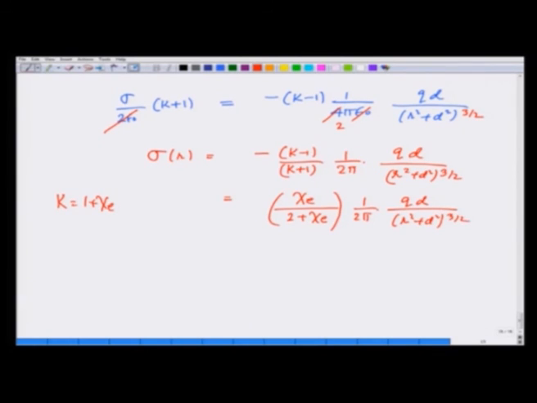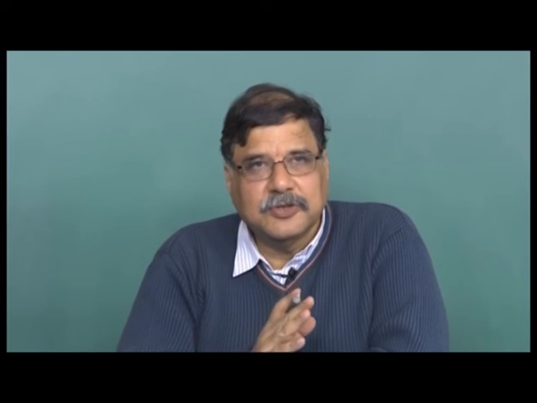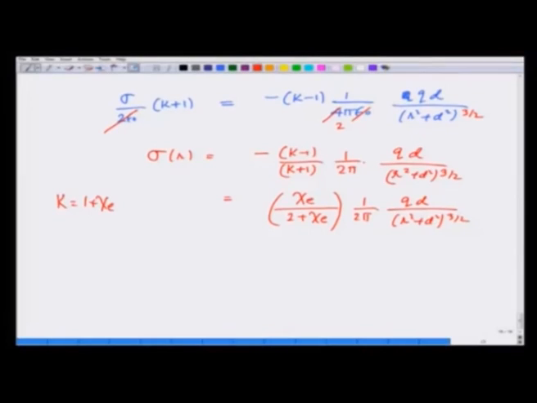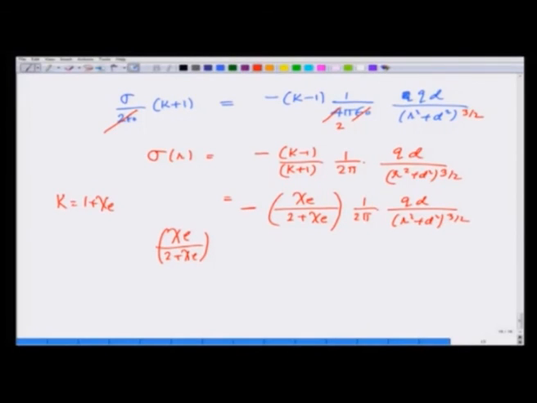If you recall, this is precisely the form of image charge distributed over metallic surface, except that now the charge is reduced by this factor chi e over 2 plus chi e. So, one could also have solved this problem using the image charge problem. I will leave what the image charge should be, behind the dielectric, as an assignment problem and send it over the assignment.